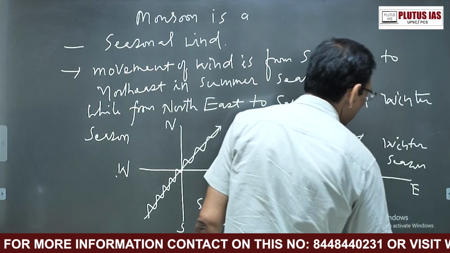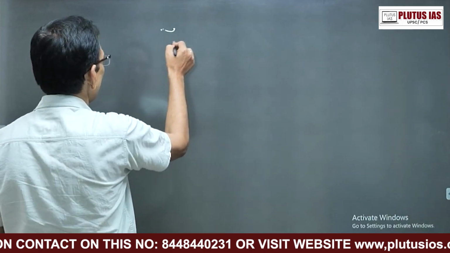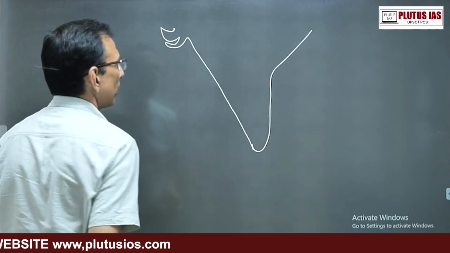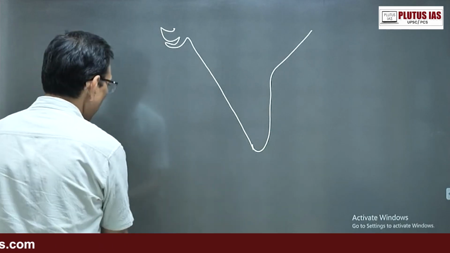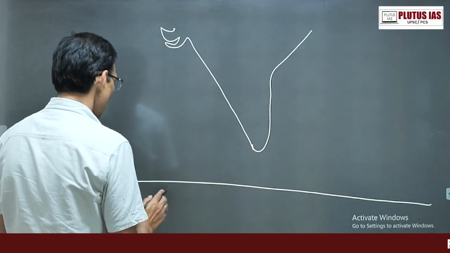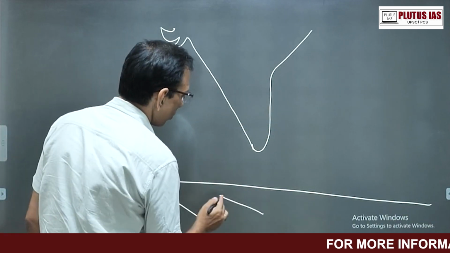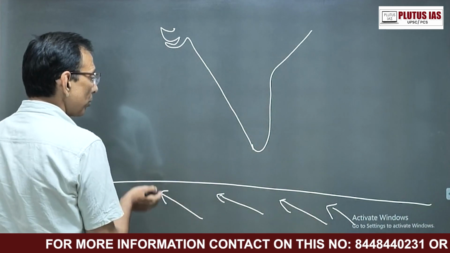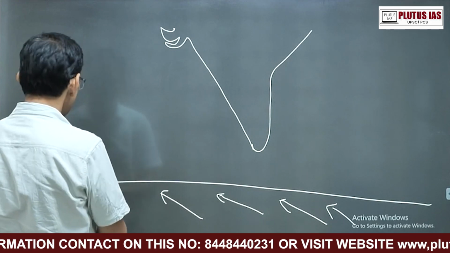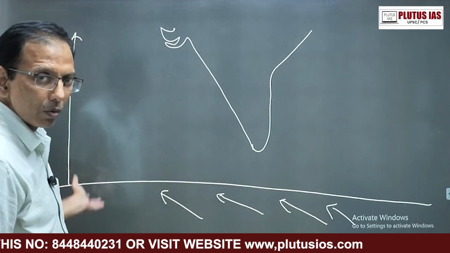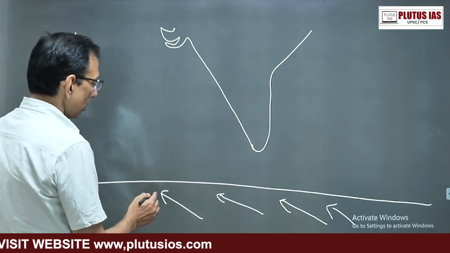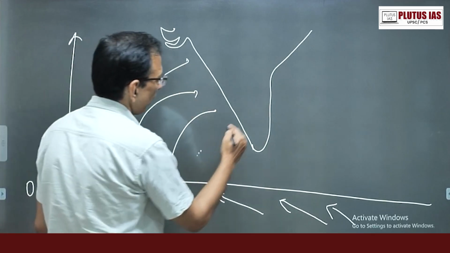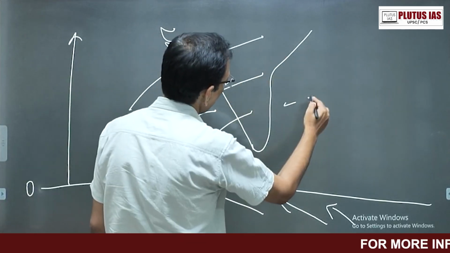Right, this could be seen in terms of the map of India. See, this is the equator. Monsoon is a wind which, in the northern hemisphere, that is north of the equator, turns right and comes to India.